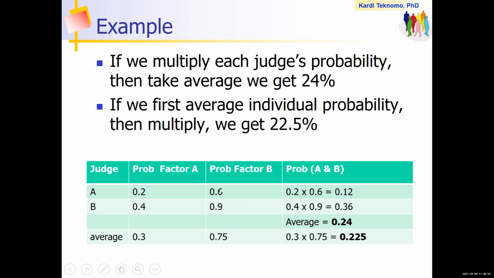If you take the average of 0.6 and 0.9, you get 0.75. If you multiply the two of them, you get 22.5%. So be careful, okay? When you multiply first and then take the average, it's not the same as averaging first, then multiplying. You got it or not? They are not the same result.